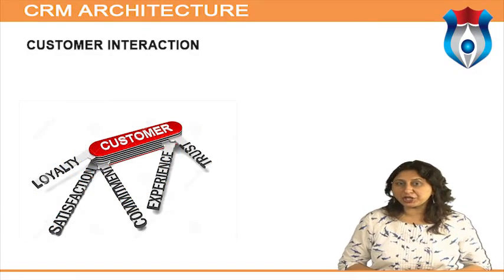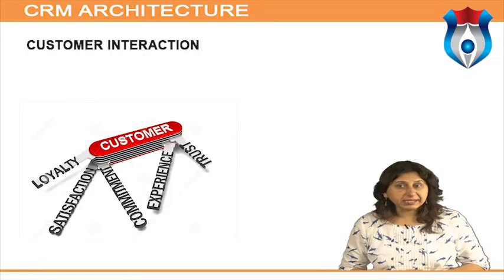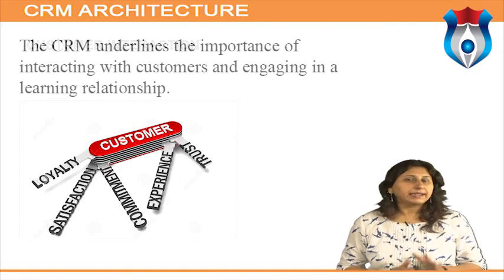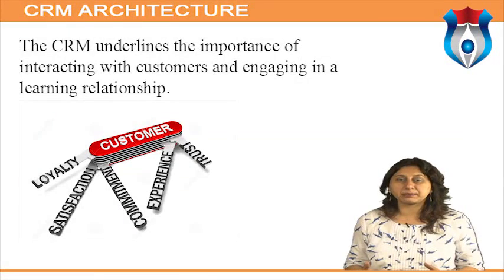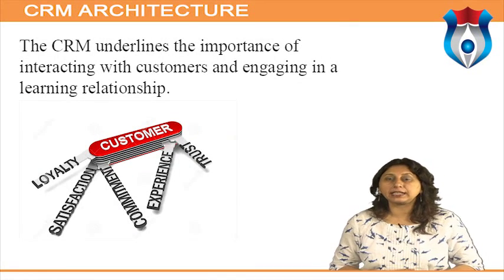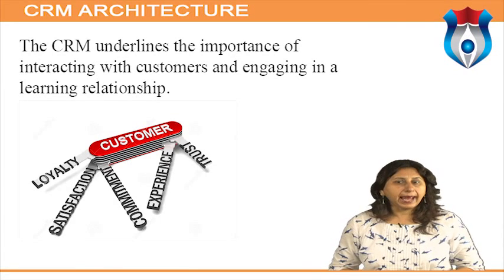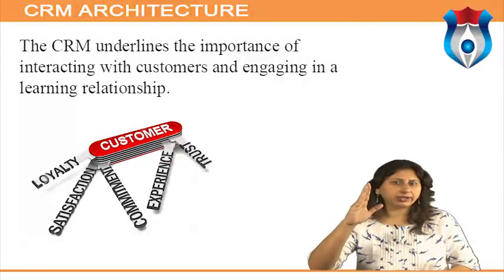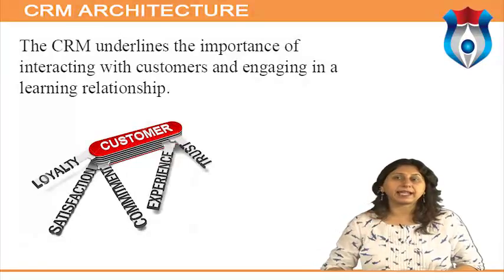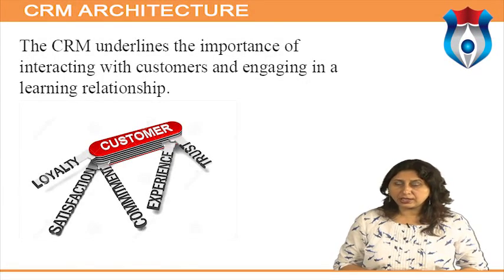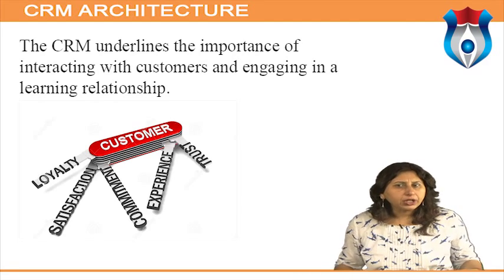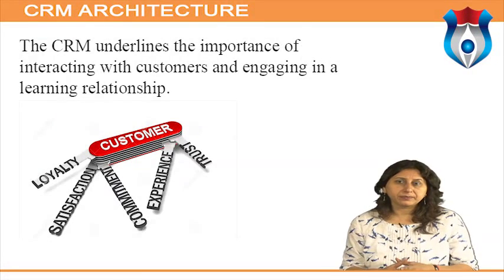Moving on to the next topic of this lecture, customer interaction. The CRM underlines the importance of interacting with customers and engaging in a learning relationship. An interaction can focus on the exchange of benefits, that is, products and services, information exchange, social exchange, or any combination of the three.